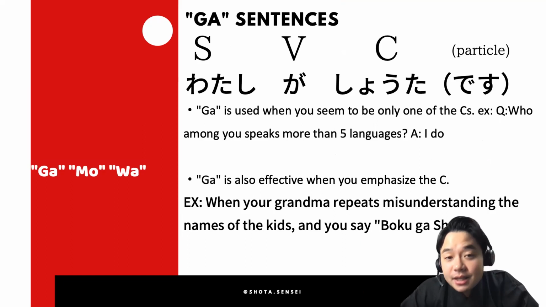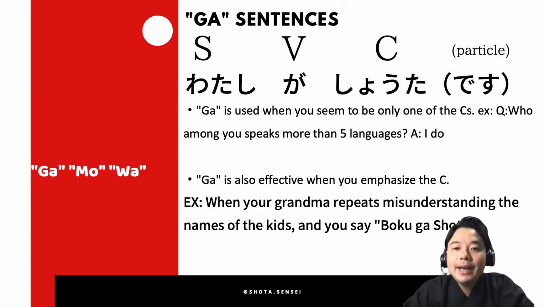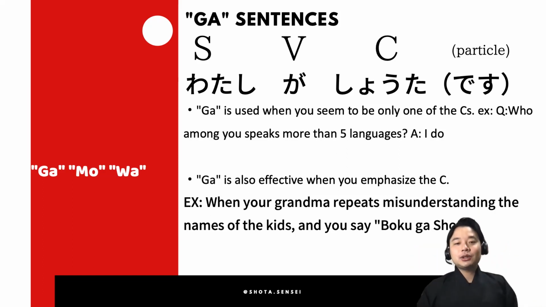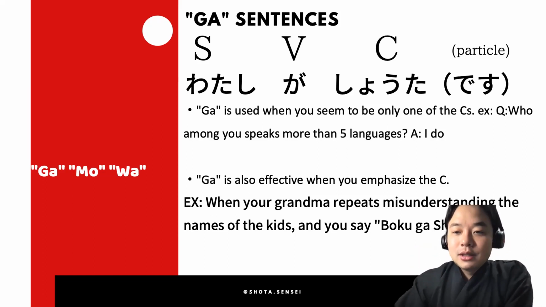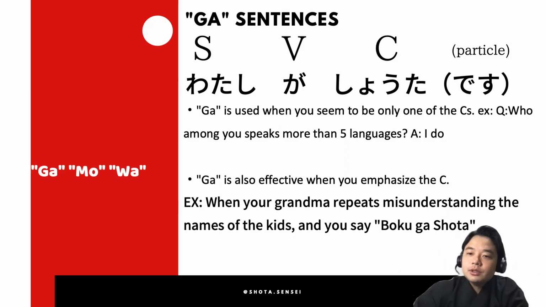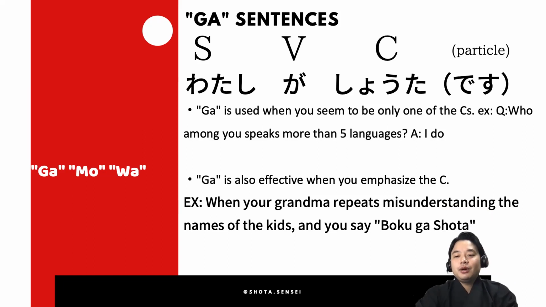Okay, and the next one is important too, which is が sentences. Okay, again, I choose the particle, this form, but 私が翔太です。Well, が is used when you seem to be the only one of the seeds. Sorry, I made a typo again.